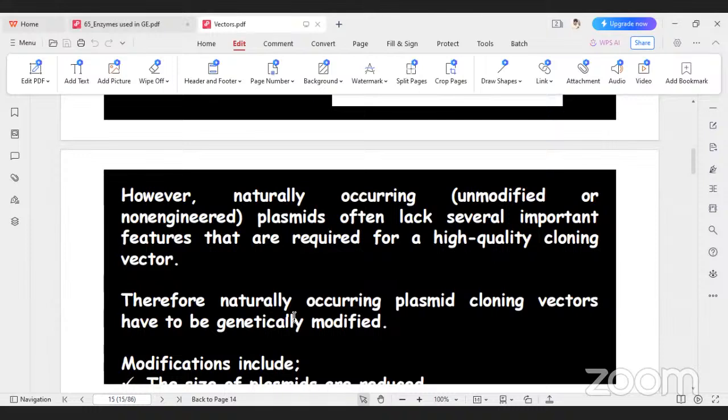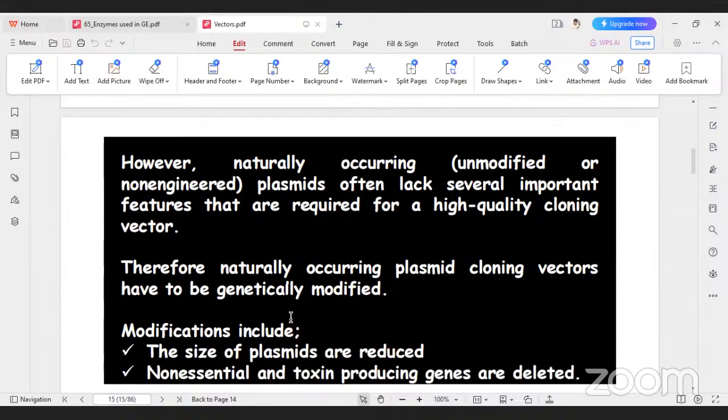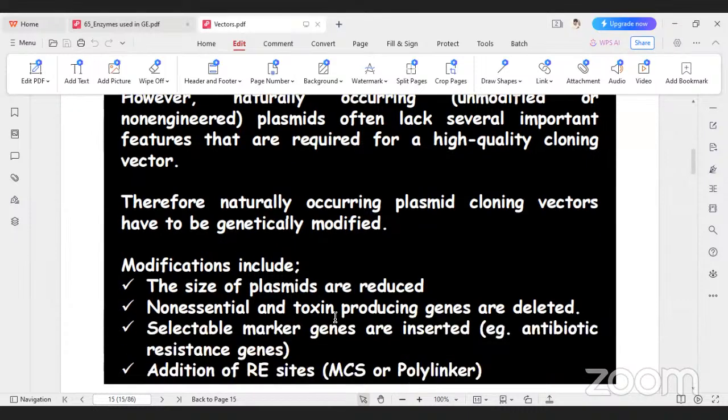However, naturally occurring unmodified or non-engineered plasmids often lack several important features that are required for a high quality cloning vector. Therefore, naturally occurring plasmid cloning vectors have to be genetically modified. The modifications include: the size of the plasmid is reduced if it is large. Non-essential and toxin-producing genes are deleted.